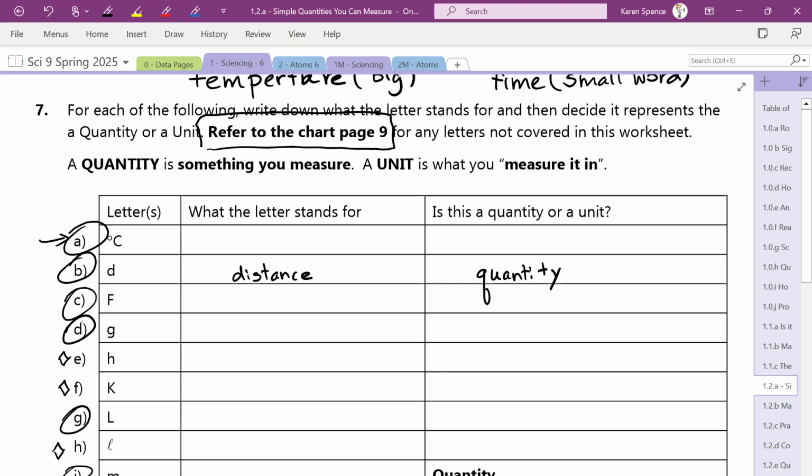If you can put a number in front of it, it's a unit. So just say, distance, does that make sense?